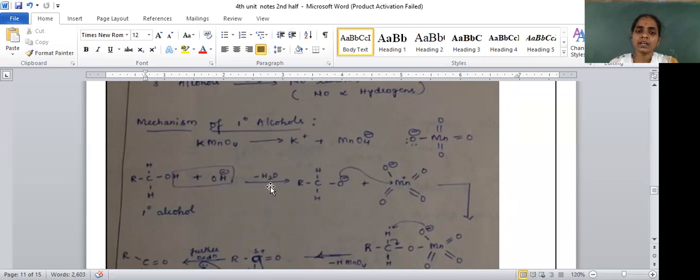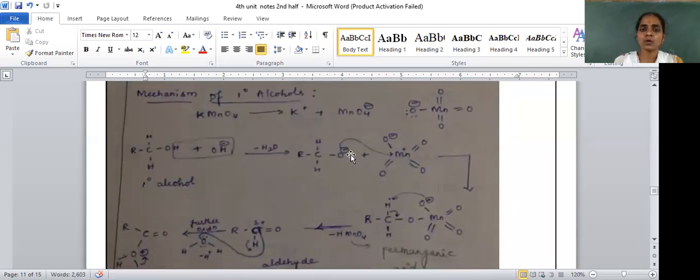In the presence of a base, the OH minus ion and the H+ ion react to remove H2O, forming an O negative ion and a permanganate ion.